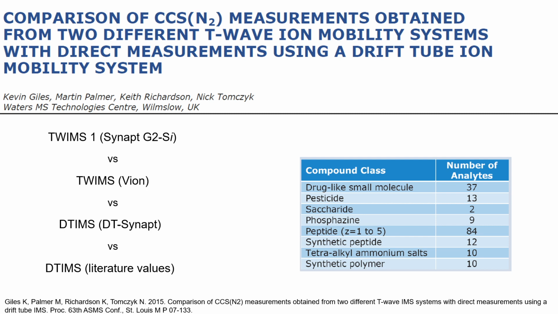Furthermore, they also modified an in-house Synapt by replacing the traveling wave drift cell with an effective drift tube of 25.5 centimeters operating from 2 to 12 volts per centimeter. And this study involved the analysis of 177 molecules belonging to different chemical classes.